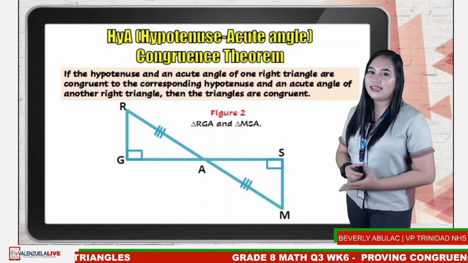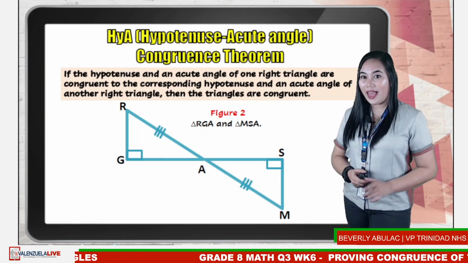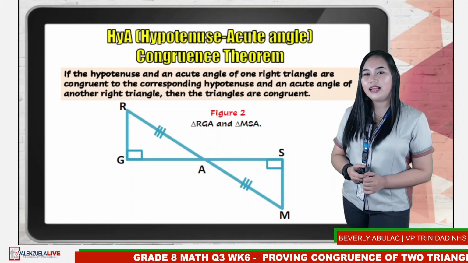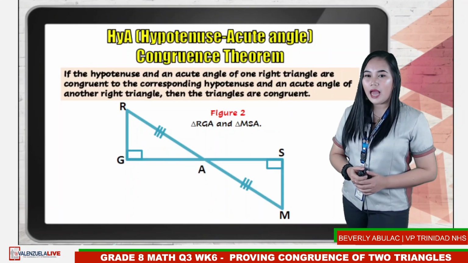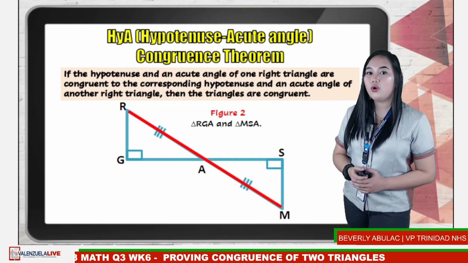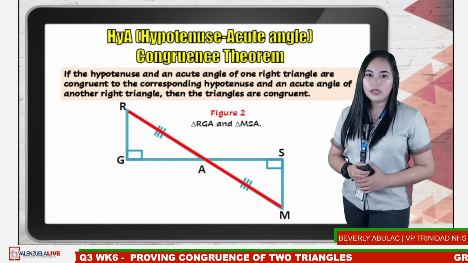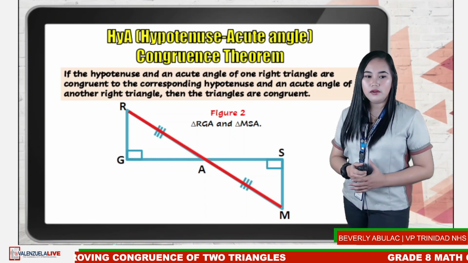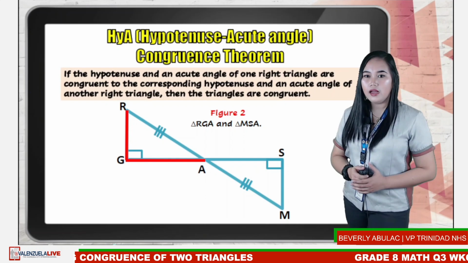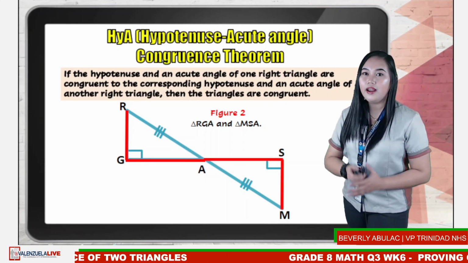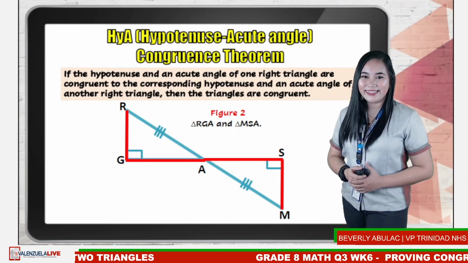Figure 2 at the right shows 2 right triangles, triangle RGA and triangle MSA. The hypotenuse AR and the hypotenuse AM are congruent as marked. Angle RGA and angle MSA are congruent because they are right angles.